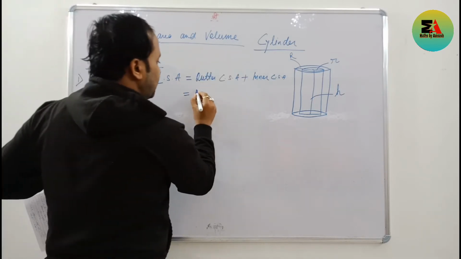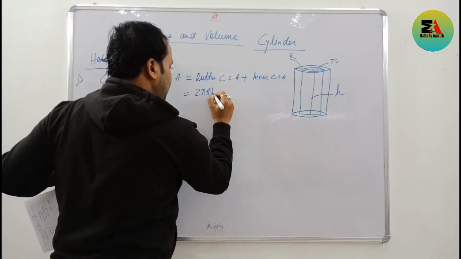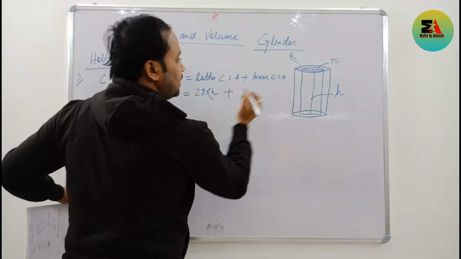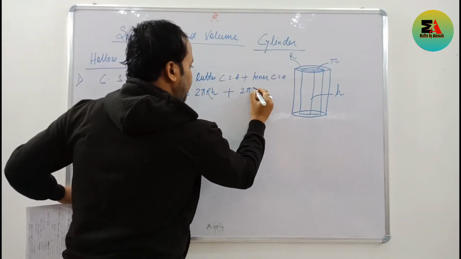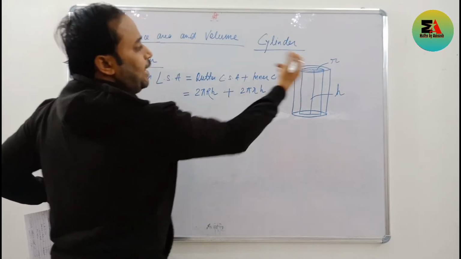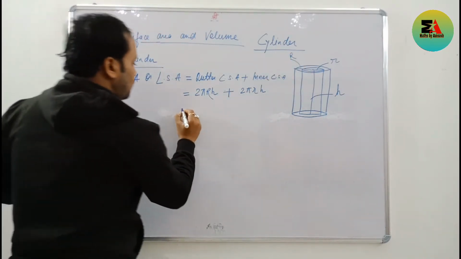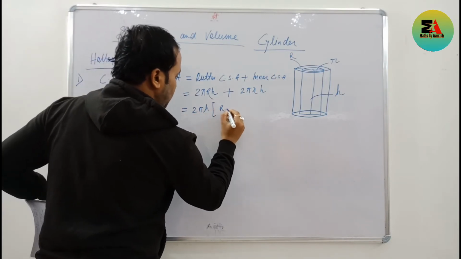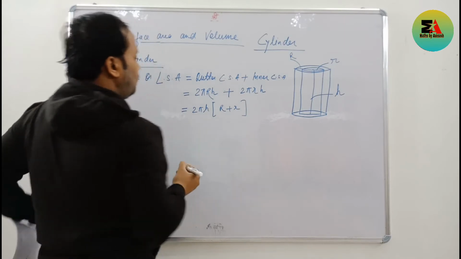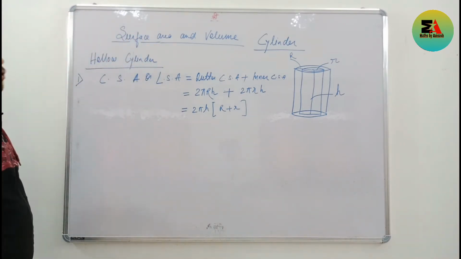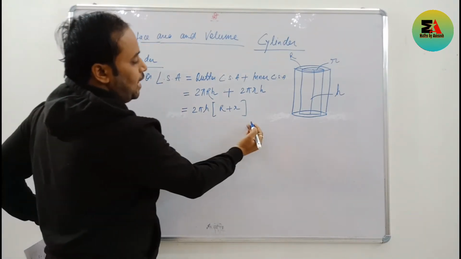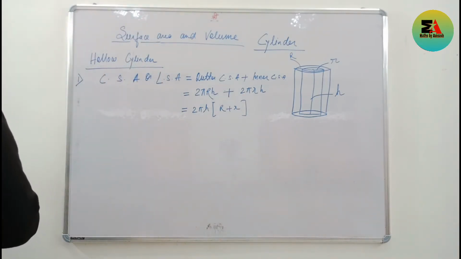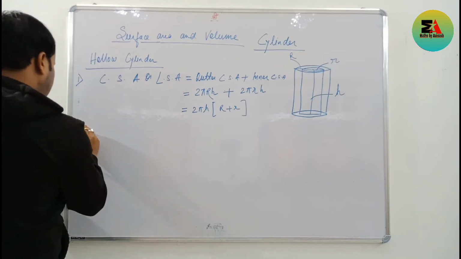The outer one is 2 pi capital R h, the radius of the bigger one, plus the inner one is 2 pi small r h. Small r represents the radius of the inner one. Take 2 pi h common in all. Therefore, the curved surface area of a hollow cylinder is 2 pi h times R plus r. Clear?